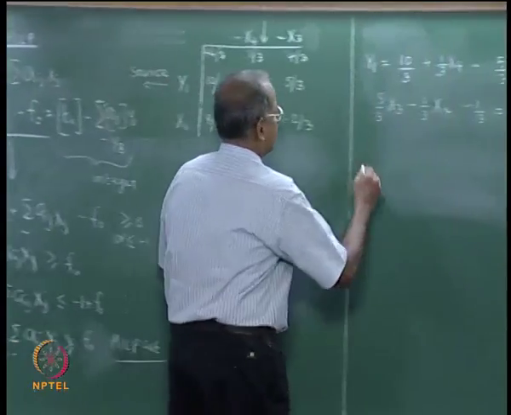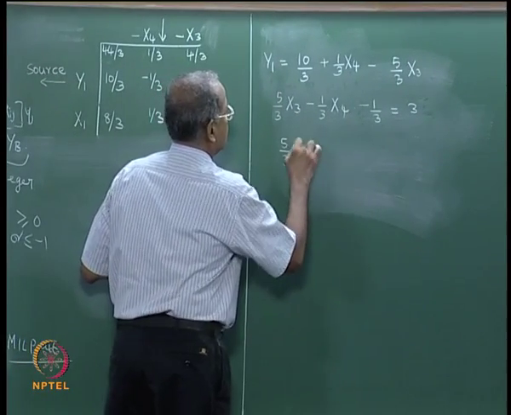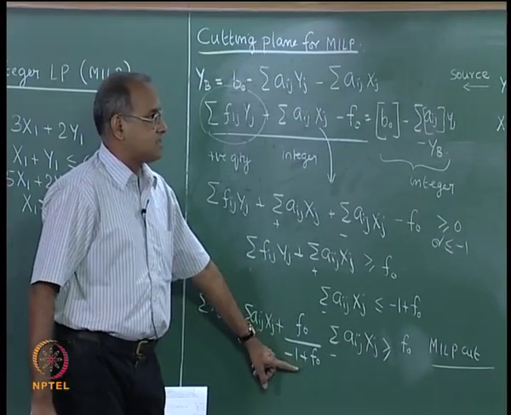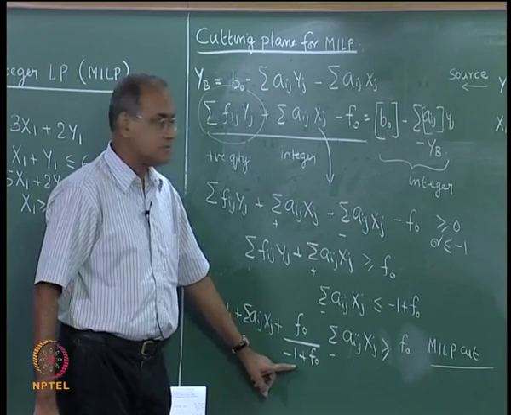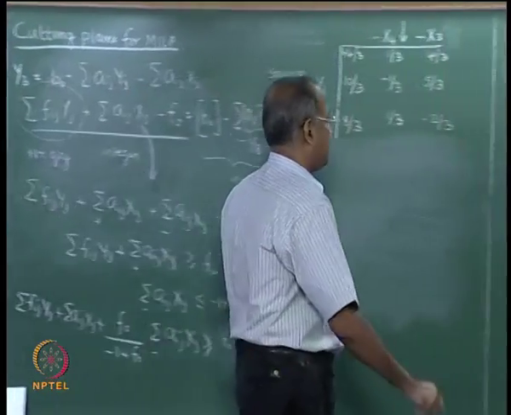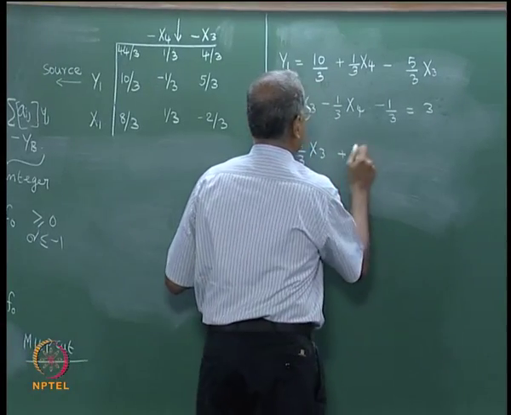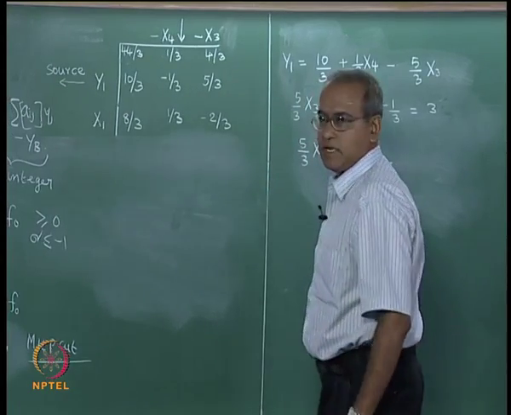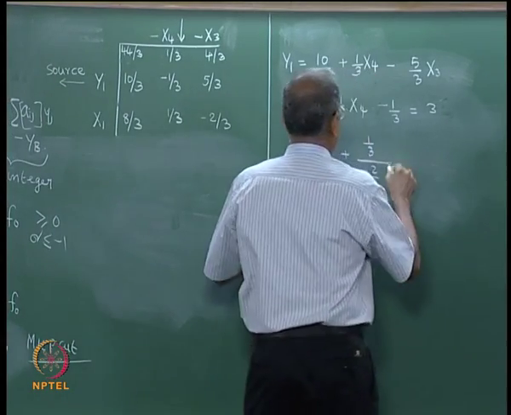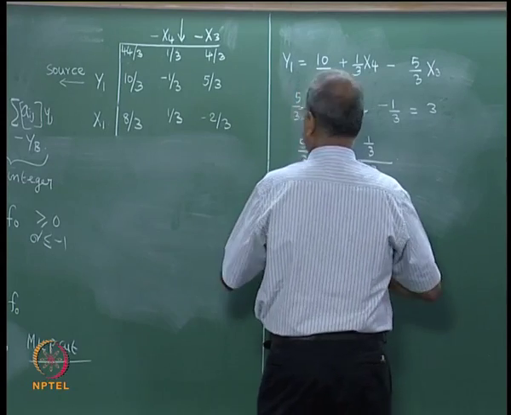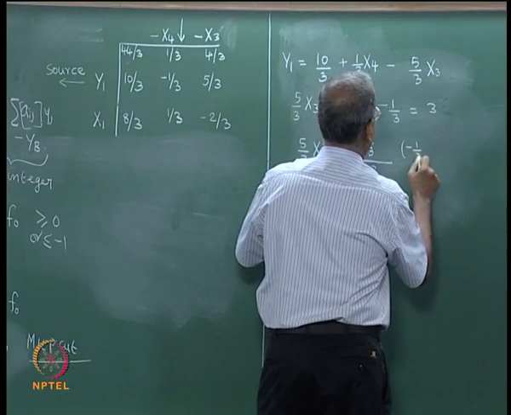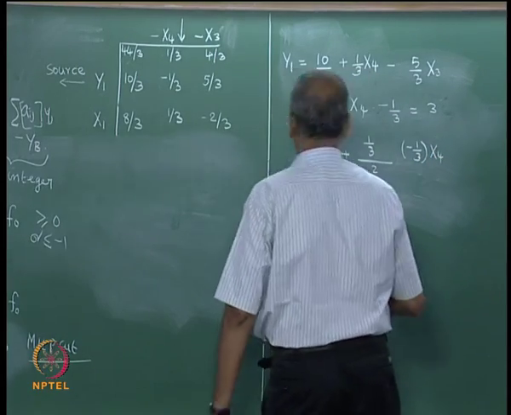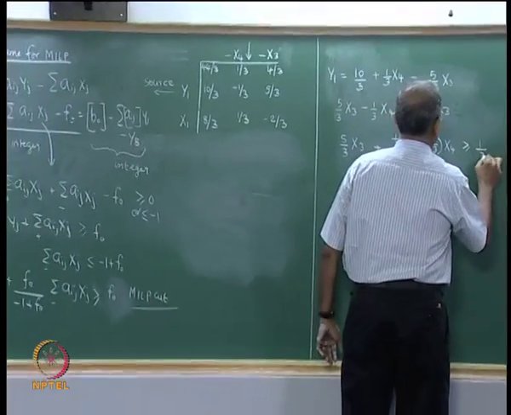So, your MILP cut is 5 by 3 x3, that comes from here, f naught is 1 by 3. So, 1 by 3 divided by minus 2 by 3, minus 1 plus f naught, into minus 1 by 3 x4 is greater than or equal to 1 by 3.